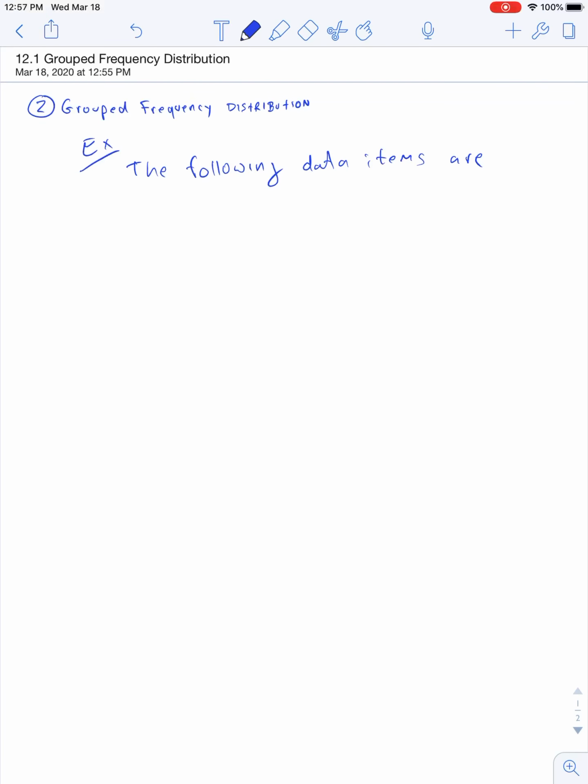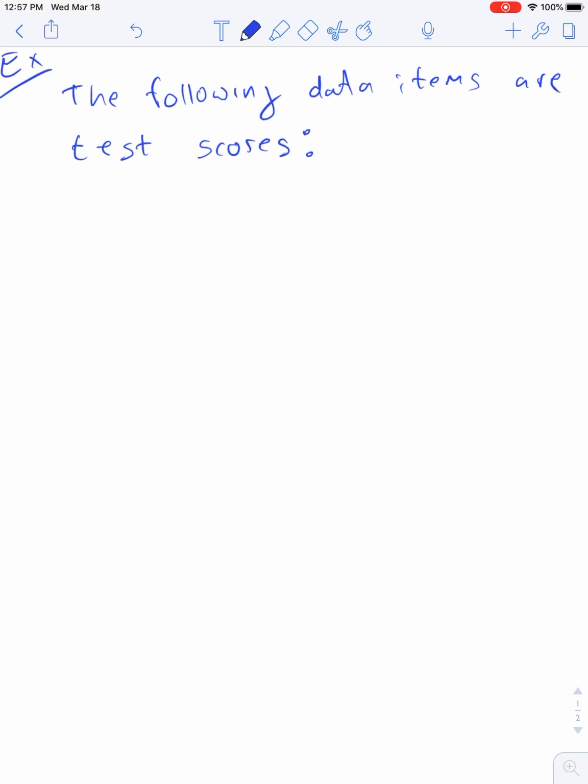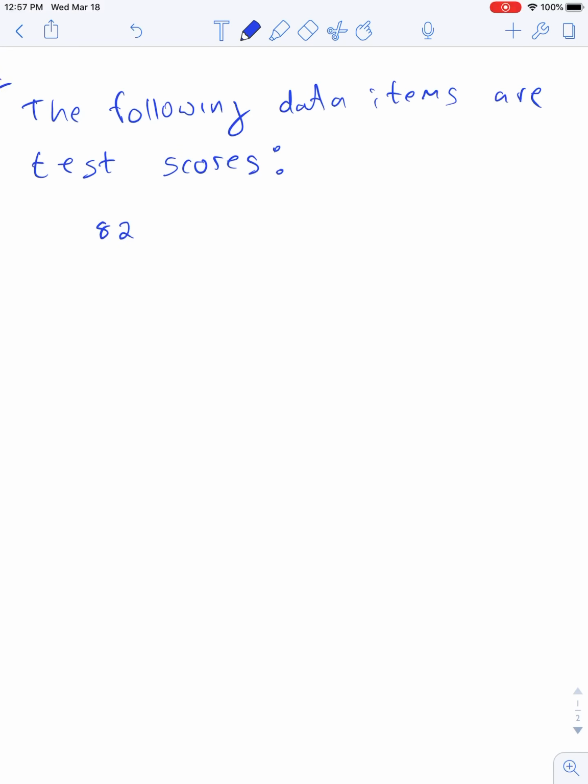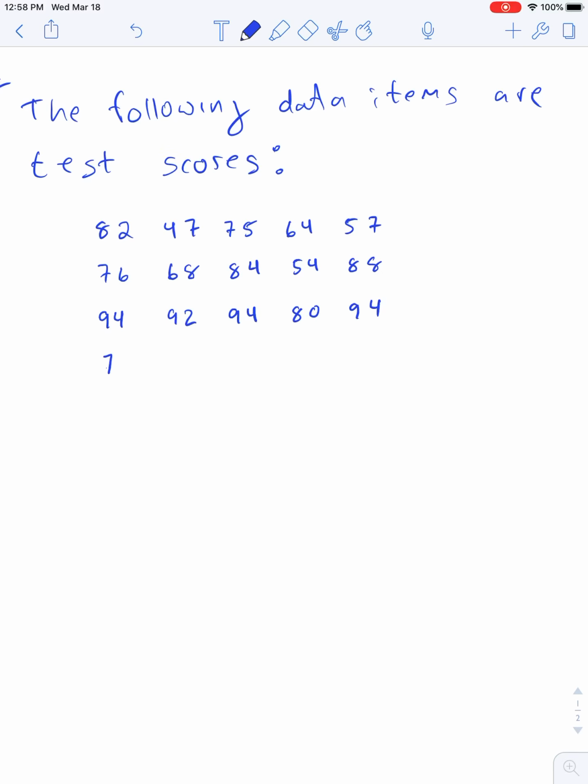Let's say that they are test scores. We have 82, 47, 75, 64, 57, 76, 68, 84, 54, 88, 94, 92, 94, 80, 94, 75, 73, 66, 87, and 76.